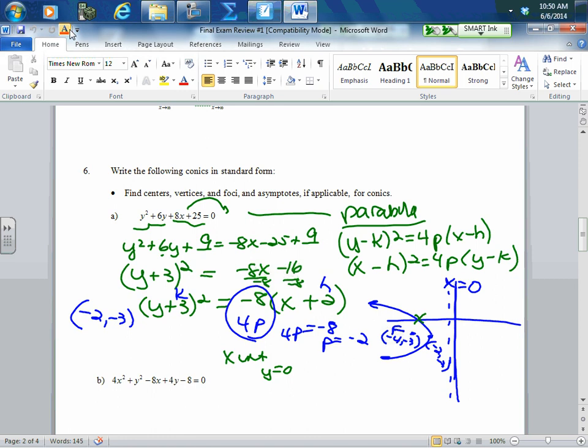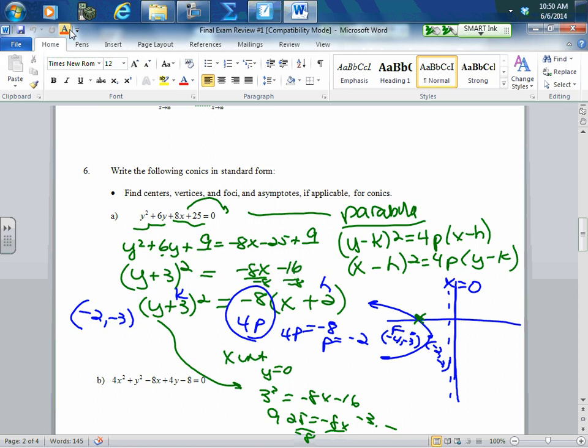I'm going to use this one right here. 3 squared is equal to negative 8x minus 16. So this is your 9. Add 16. I'm just kind of doing it fast. So it's negative 3 point something, which makes sense because there's the negative 2. Or negative 25/8. Just leave it at that.